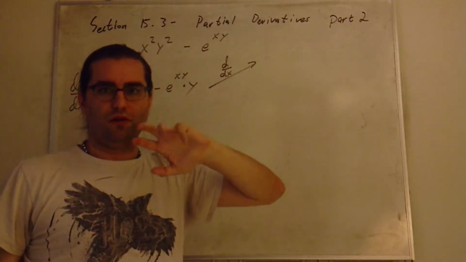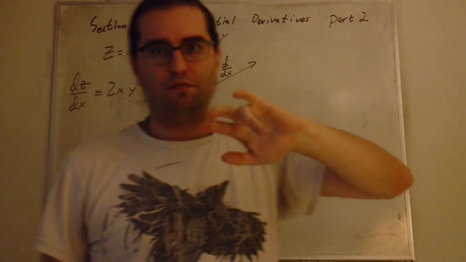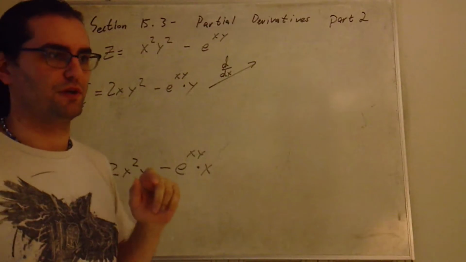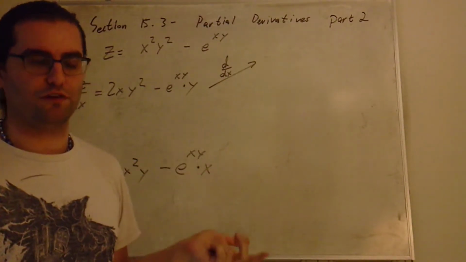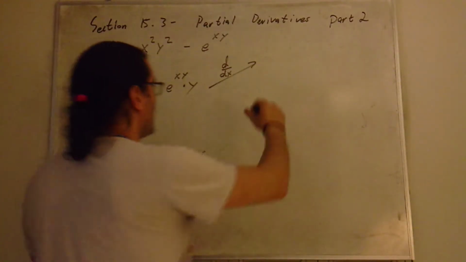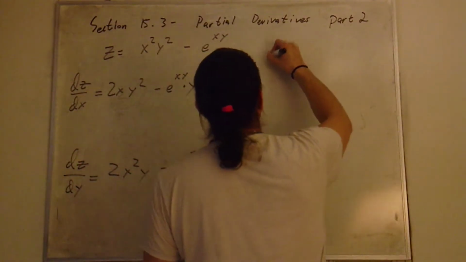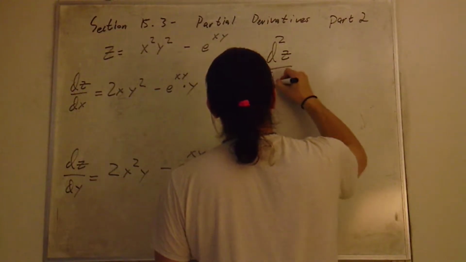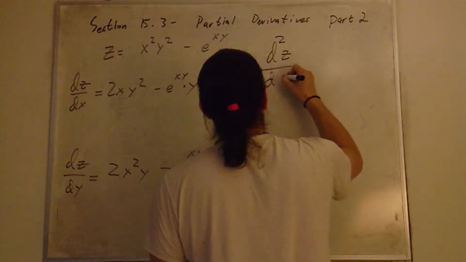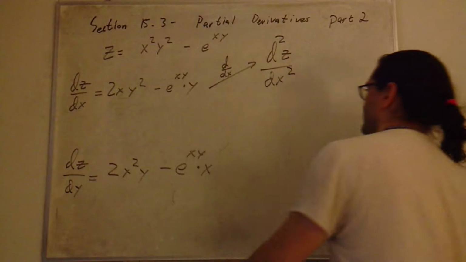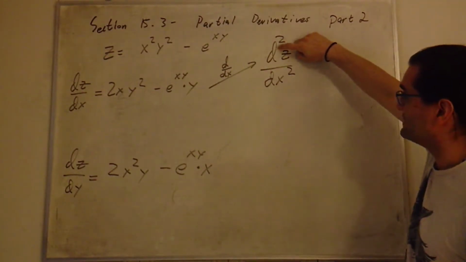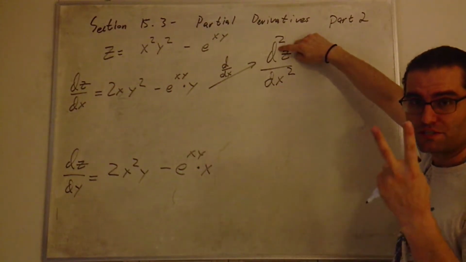We saw a little bit of this Leibniz notation for second derivatives at the end of Calc 2 when we were doing parametric functions and polar functions and derivatives of those. The way we write this second derivative is the second derivative of z with respect to x twice. So this exponent here goes on the d. That's how we know it's a second derivative.